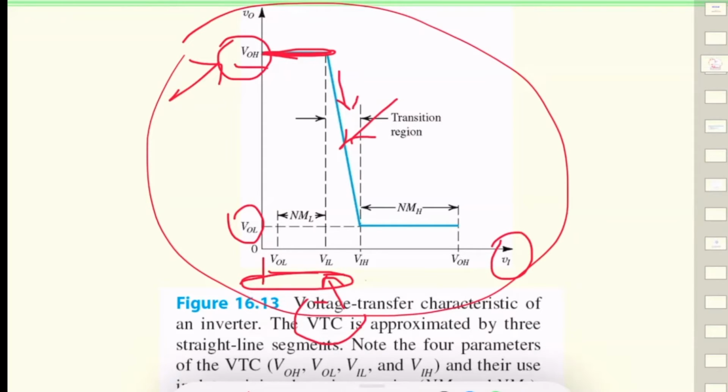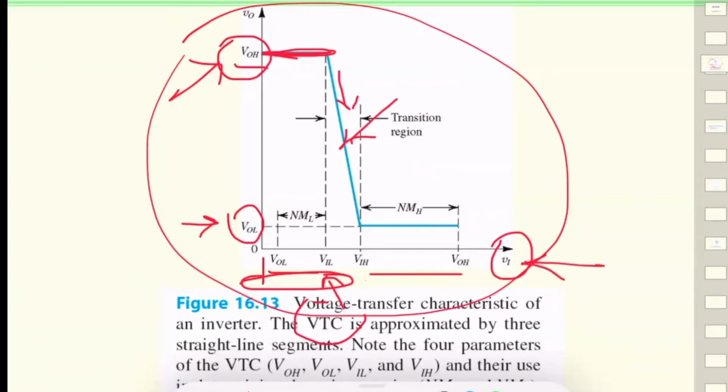And we'll see why this is important, especially when we talk about noise or about multiple inverters or logic gates hooked up in a circuit. The same holds for the output low: it does not depend on the exact value of the input.